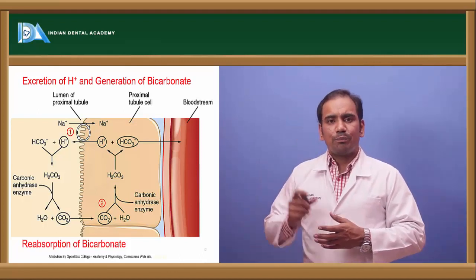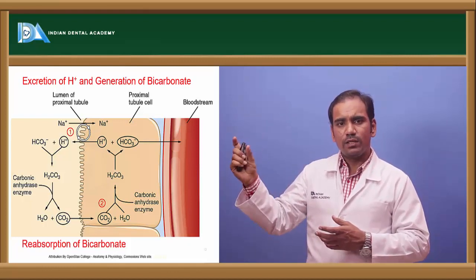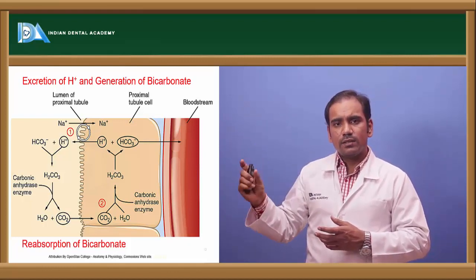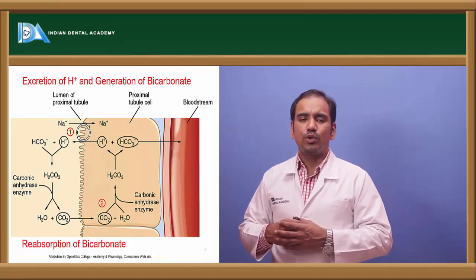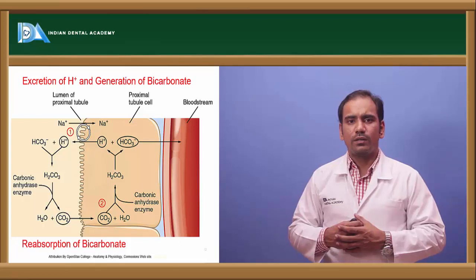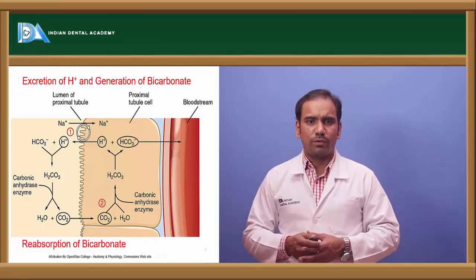Right? So the bicarbonate which is released from the sodium bicarbonate is again reabsorbed. So this is the reabsorption of bicarbonate, along with excretion of H plus ions and generation of bicarbonate.